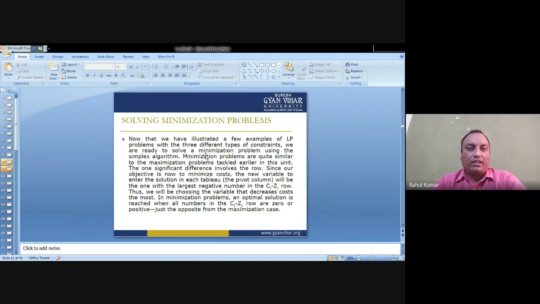Now that we have illustrated a few examples of linear programming problems with the three different types of constraints, we are ready to solve a minimization problem using the simplex algorithm. Minimization problems are quite similar to the maximization problem.